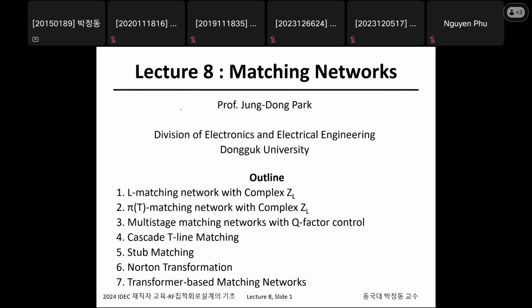This week we're gonna talk about the matching network. As you may understand, designing a matching network is one of the most critical parts in RFIC design.